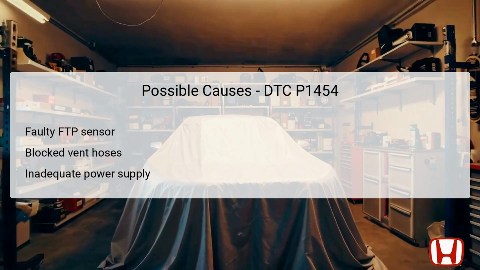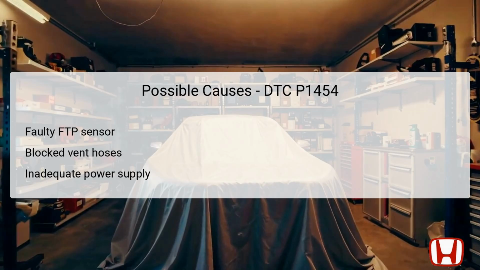There are several potential causes for the P1454 code. One common culprit is a faulty FTP sensor, which may not be providing accurate readings due to internal failure. Alternatively, blockage in the vent hoses connected to the FTP sensor may prevent proper pressure monitoring, leading to range or performance issues.